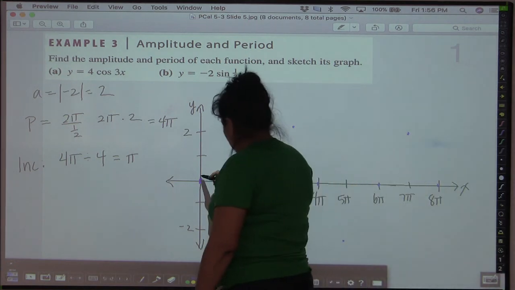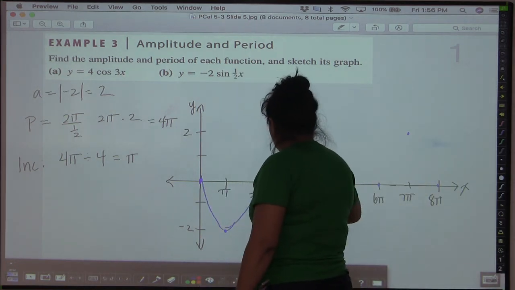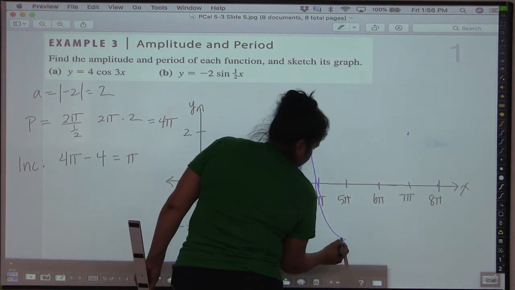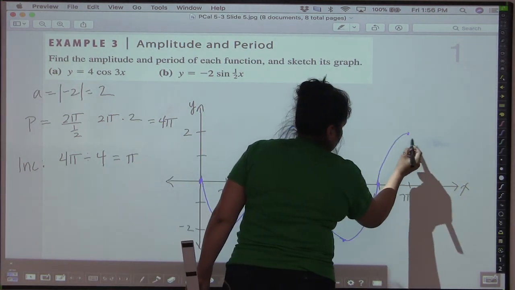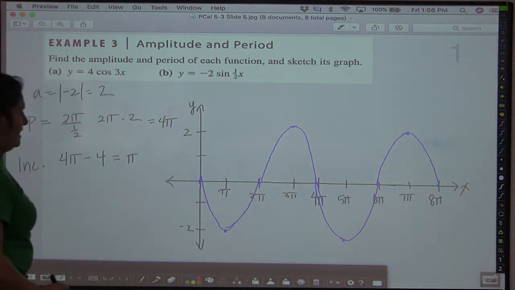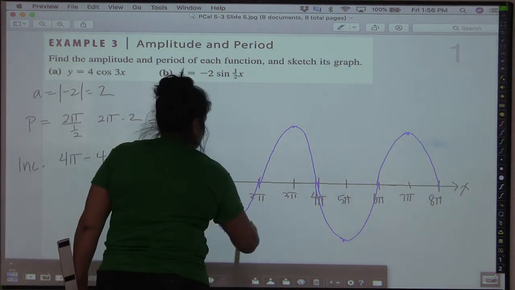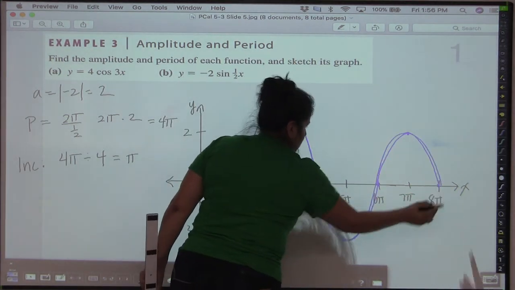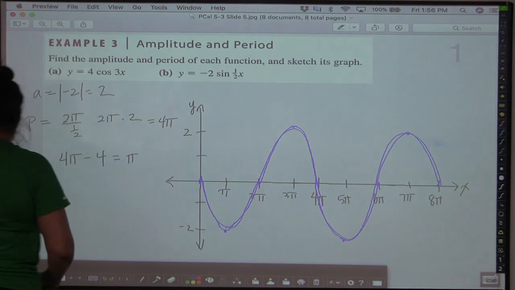So you're going to have your curve like that. So you can see how it did one cycle, bam, one cycle, repeat, and there you go.